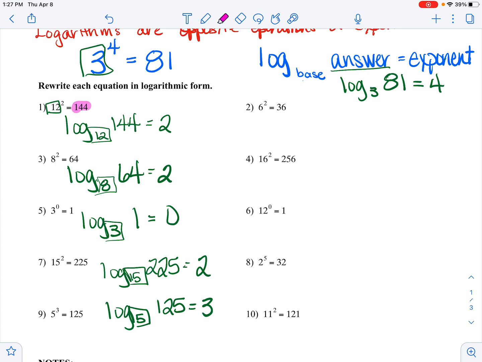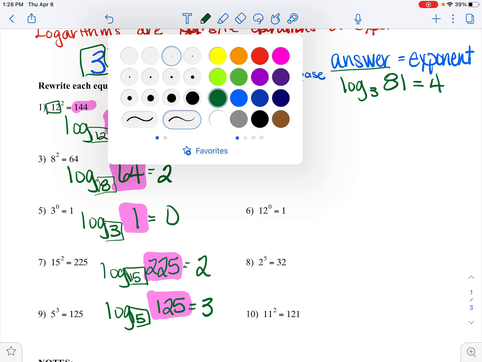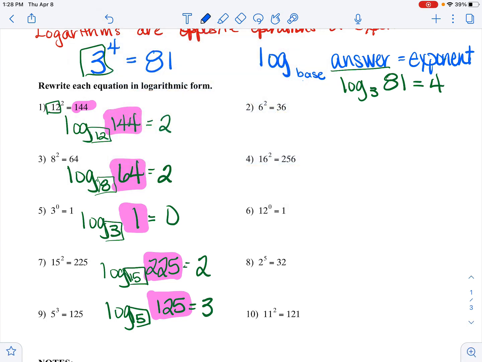Then we put the answer, and then the exponent is at the end. You are going to do the even ones.